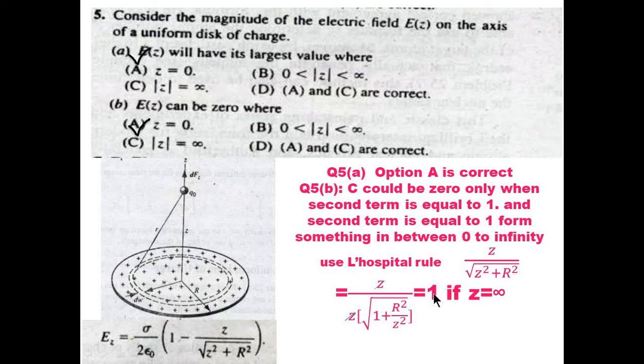We are only left with 1 when z is equal to infinity. When you write infinity here, then something over infinity you get 0. So 1 plus 0 you get 1, and 1 over 1 gives 1. So the only possibility when z is equal to infinity is that you get 1 here, and 1 minus 1 gives EZ equal to 0. So option C is the only correct option.